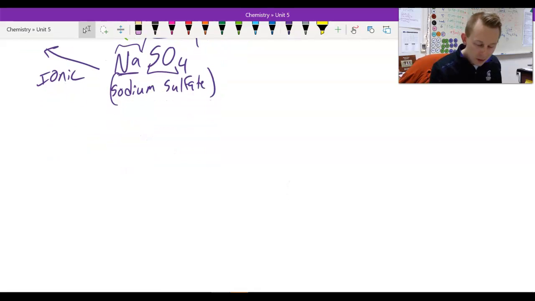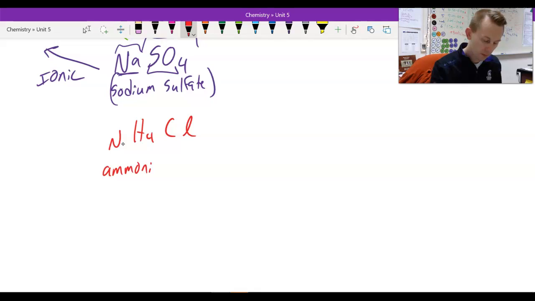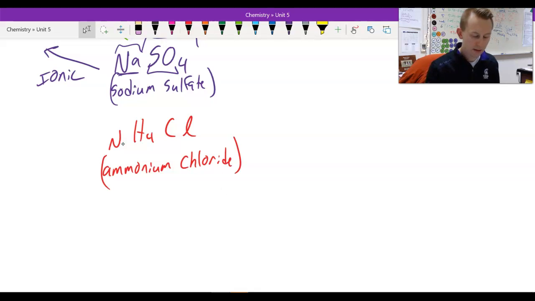Now this last one is tricky. NH4Cl. This is ammonium chloride. Now, this is one where the exception comes in.